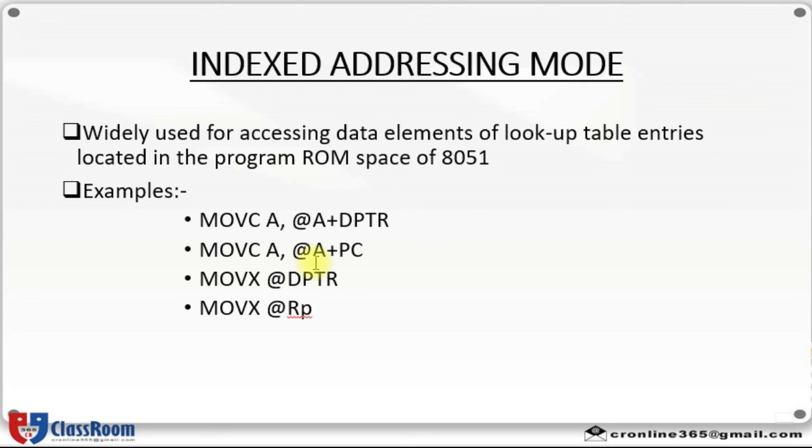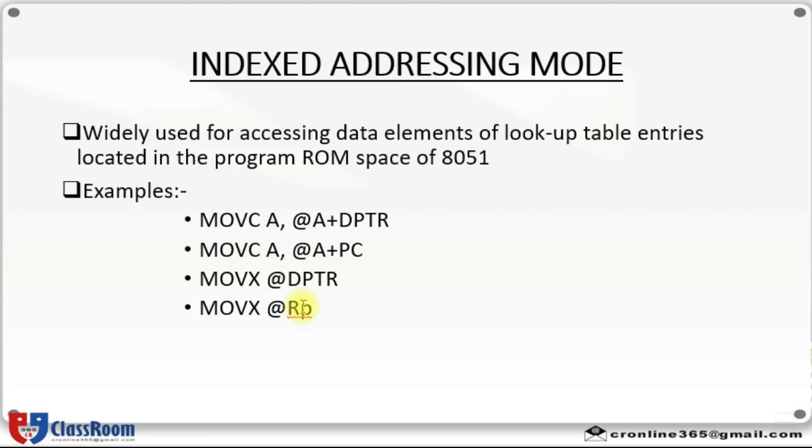But the difference between indexed addressing mode and indirect addressing mode is that indexed addressing mode mainly uses two instructions, MOVC and MOVX, for accessing data. Also, indexed addressing mode uses accumulator plus DPTR or accumulator plus program counter or DPTR or registers for accessing data.